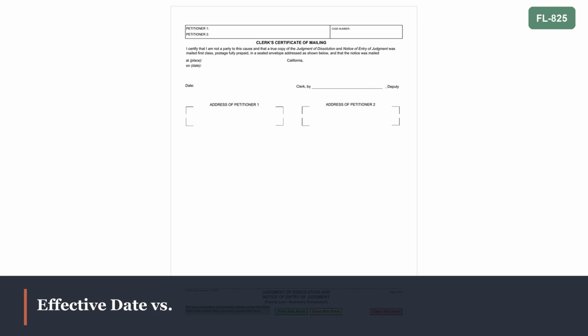That date is set by law to be 6 months from the date you filed Form FL-800, since California's mandatory 6-month waiting period still applies to summary dissolution, even though the process is otherwise simplified. The court may process and even sign your judgment before that date arrives, but the dissolution itself does not take effect until the date in Item 1A.